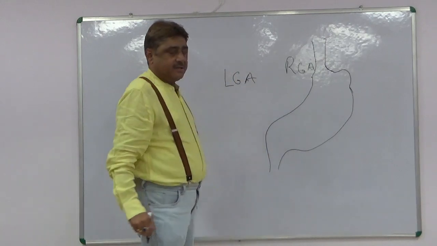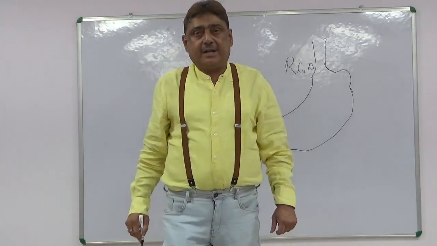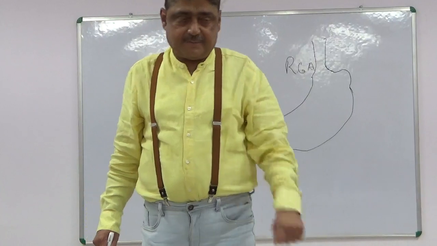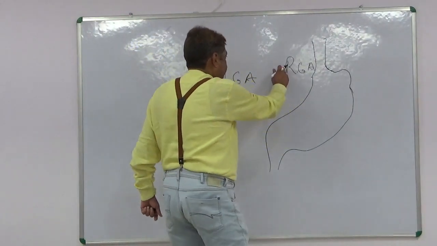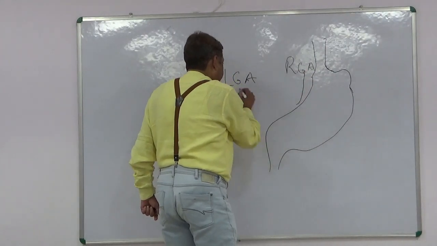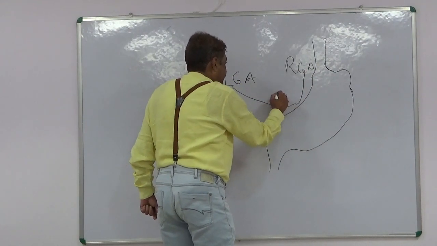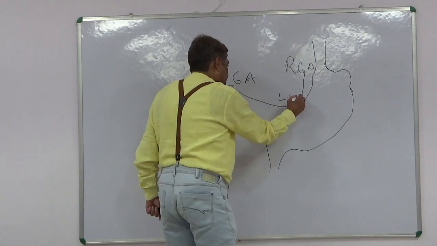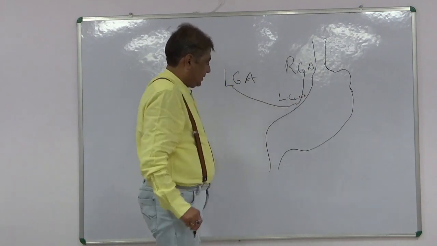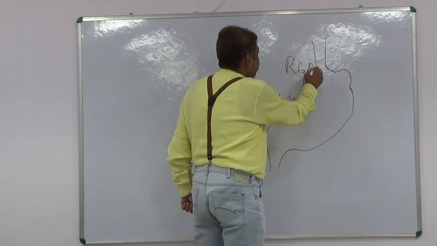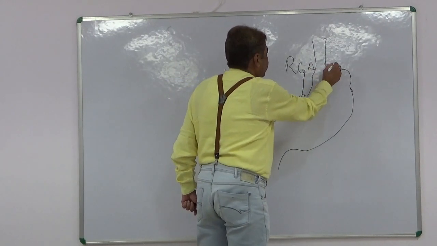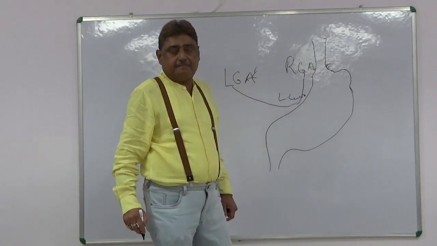The left gastric artery is a branch of the celiac trunk, the right gastric is a branch of the common hepatic artery. These two arteries anastomose and supply the lesser curvature. Short branches of the left gastric artery supply the cardiac.